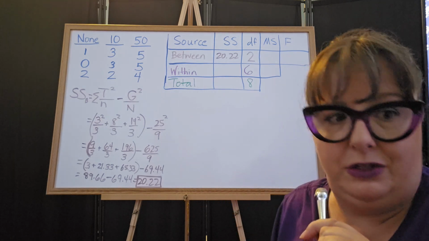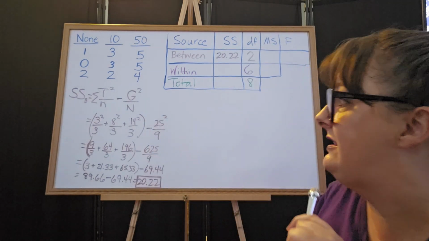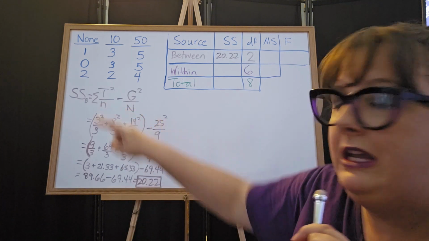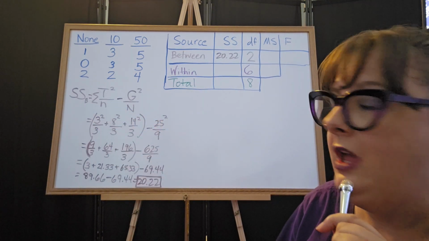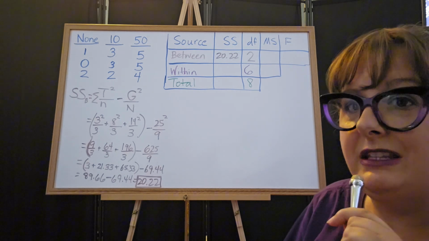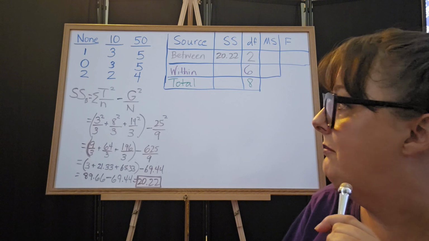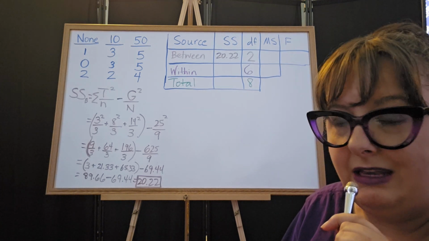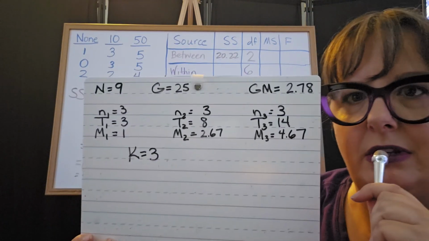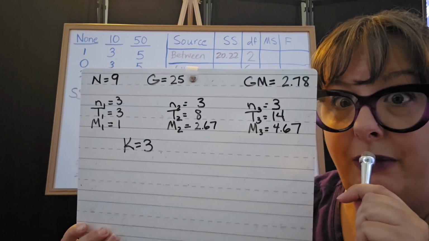So what did we do here? This is the formula to get sum of squares between. I put the little b next to it to indicate that we're computing sum of squares between for this one. It's the sum of T squared over lowercase n minus capital G squared over uppercase N. Now remember, we computed the T's and the G's and the N's in our preliminaries.